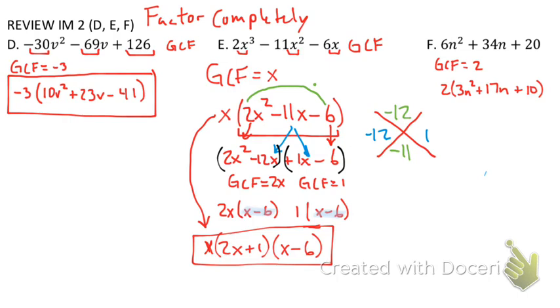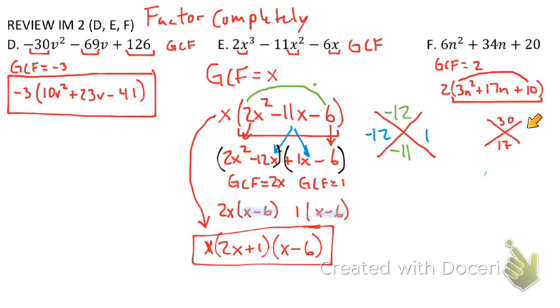Okay, once we have that, we are going to check if I can do the diamond method here. So the diamond method, since we have a number in front, we're going to multiply the first and last together. That number goes on top. 17 goes on bottom, and we're trying to figure out what multiplies to 30 but adds up to 17.